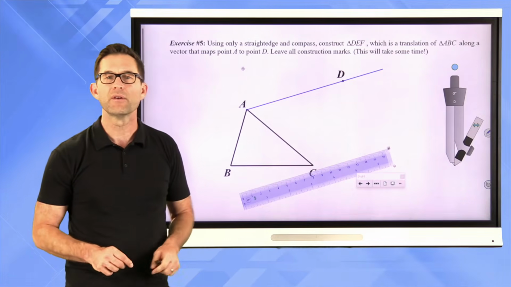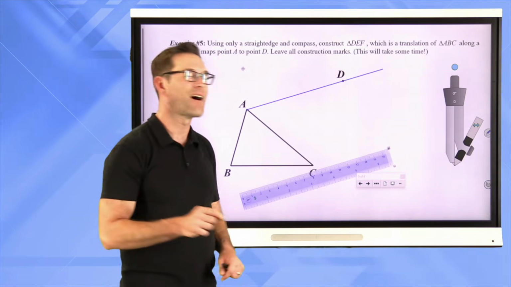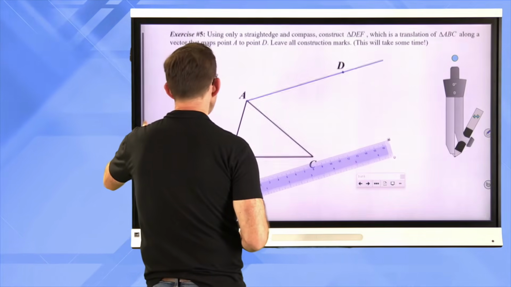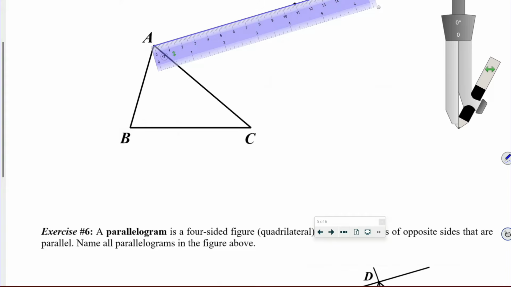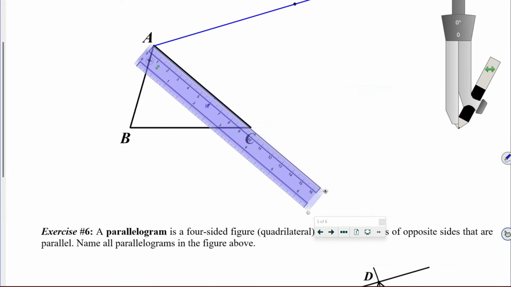Well, the first thing I'm going to do is actually extend side AC. I'm going to make that longer, otherwise I actually can't reproduce that angle. So I need to extend this and make it longer. No big deal. I can extend any line I want.